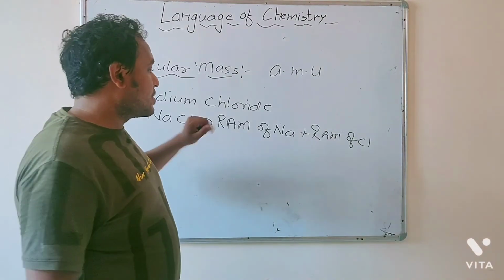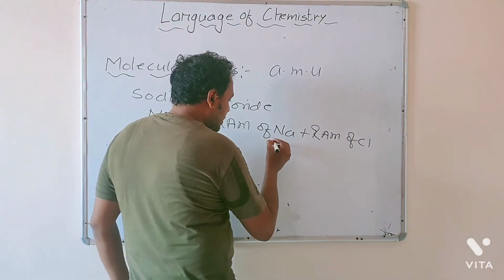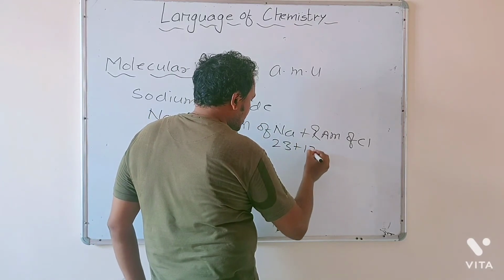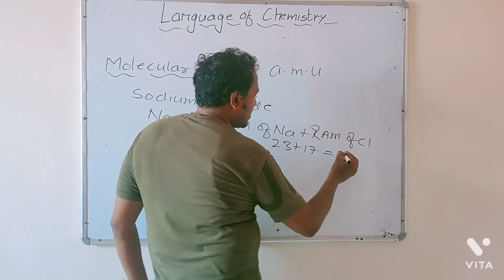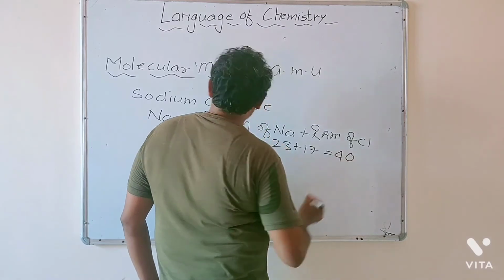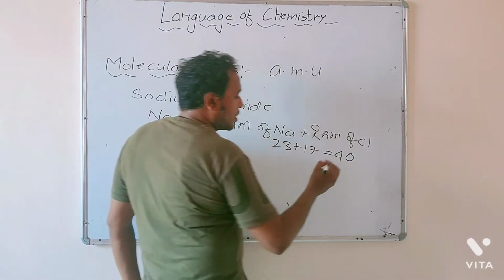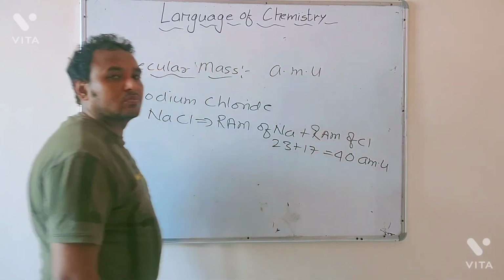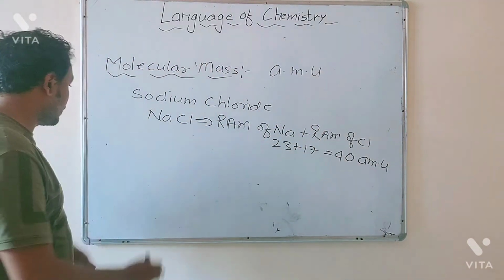The relative atomic mass of sodium is 23 while chlorine is 17. So when you add them, their molecular mass is 40 AMU.